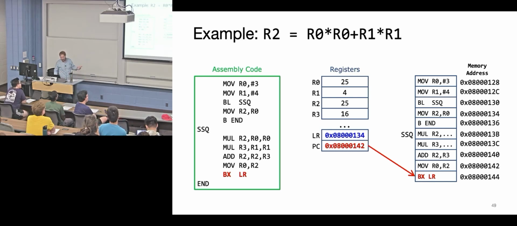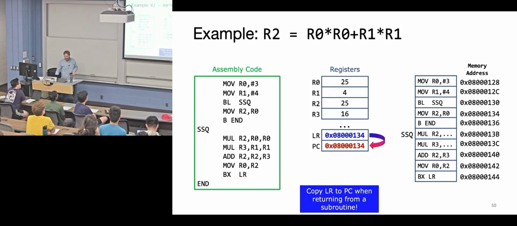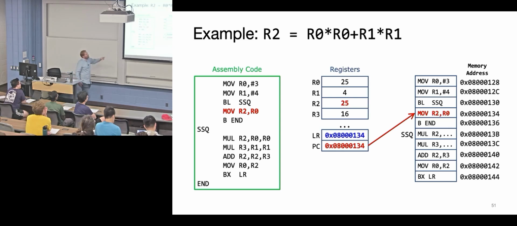So that's branch to the link register. That's the nomenclature. So we put that value there, and now we're back to this location. This was before we left at SSQ, which was at 103, but because we incremented by 4, the next value is in the link register. When we return, we go back to 134.